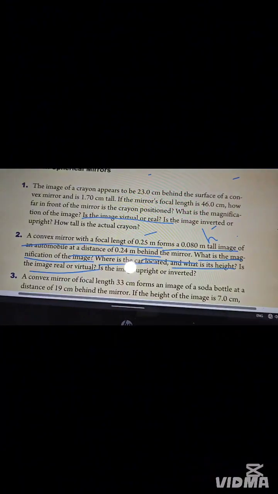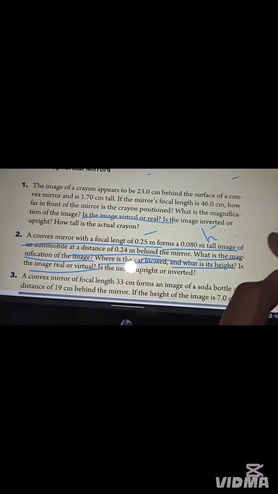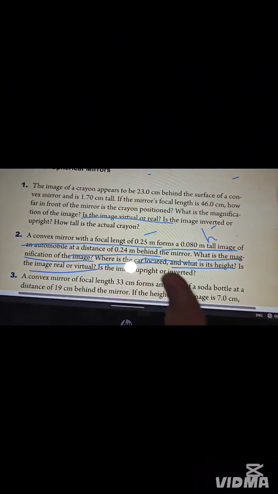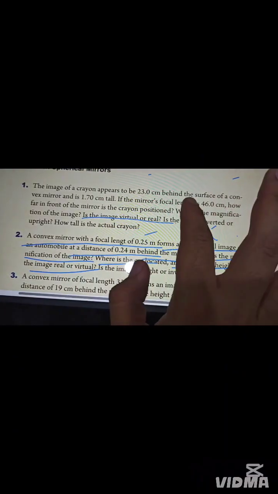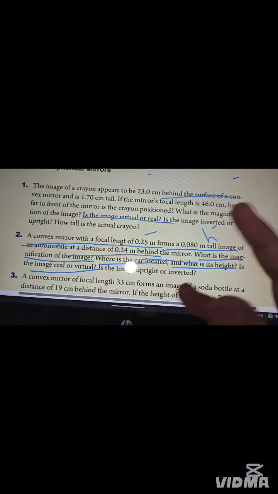Question 1, let me check the answer. Because here we have a convex spherical mirror, the image is going to be produced behind the mirror, and the type of the image is virtual. Because it's virtual and behind the mirror, the image is upright.